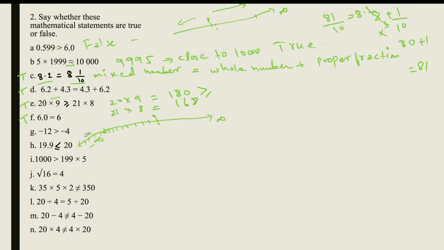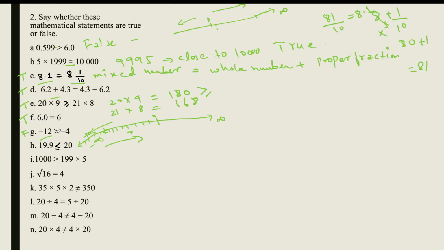So if here it is minus 12 and here minus 4, as we go down the numbers decrease. So minus 12 is less than minus 4, because as we go towards the positive side the numbers increase. So this is a false statement.